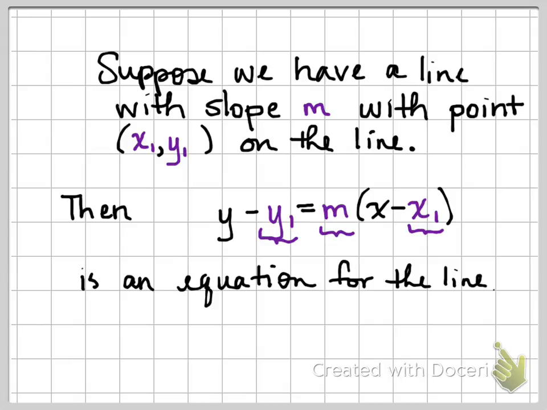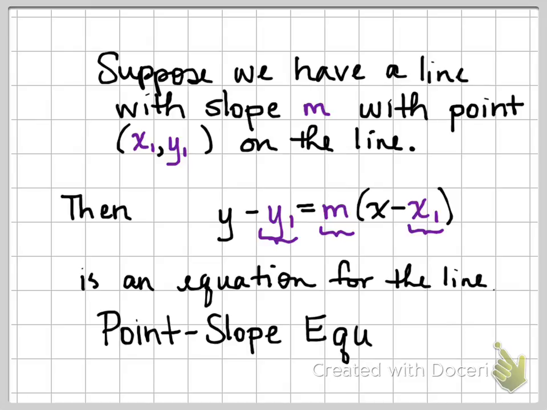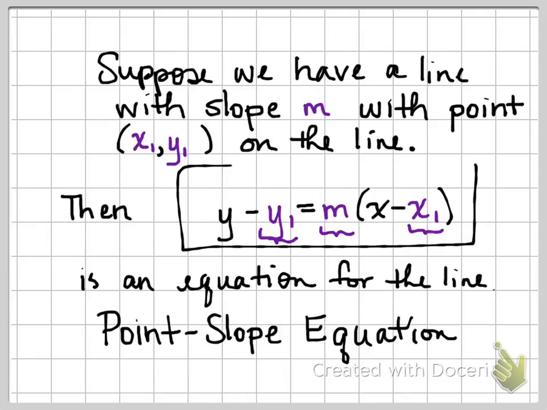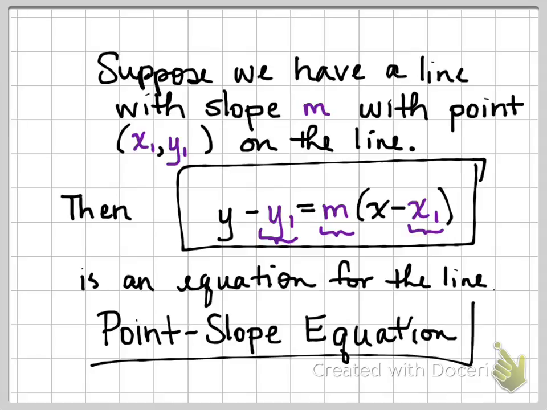And this is called the point slope equation. It's the point slope because you have a point and you have the slope. Here's our formula for the point slope.